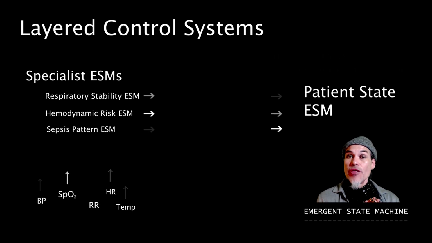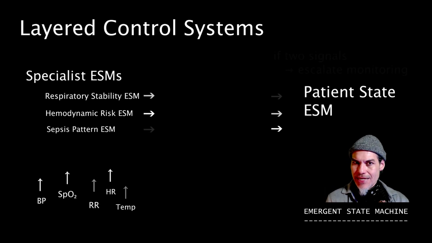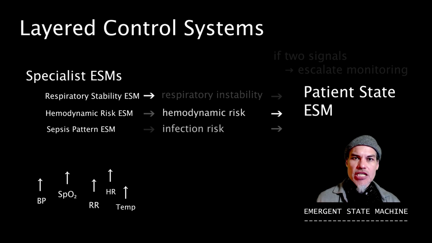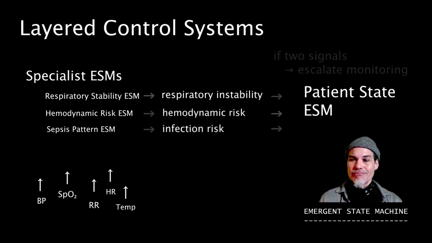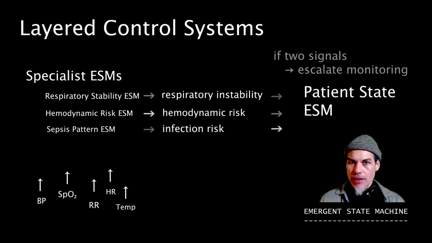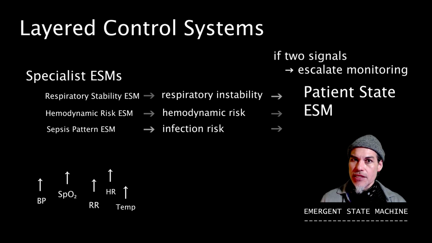For example, the 3 specialist ESMs that we saw earlier may emit signals that feed into a patient state ESM, whose only job is to monitor instability signals and escalate monitoring as needed. As information moves upward, complexity is reduced in this architecture.